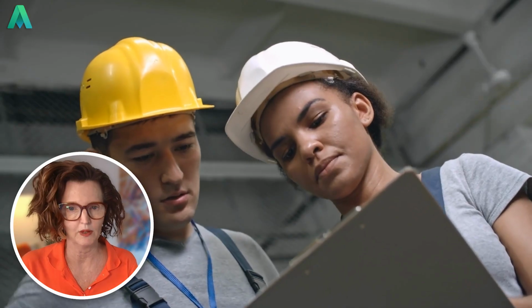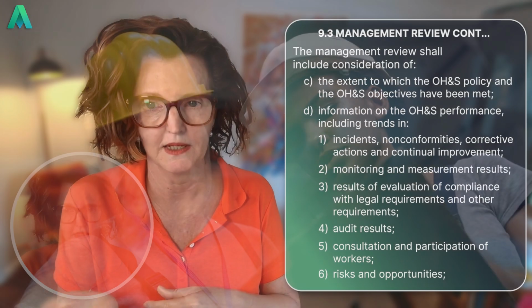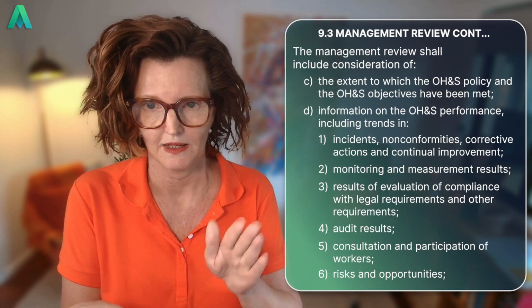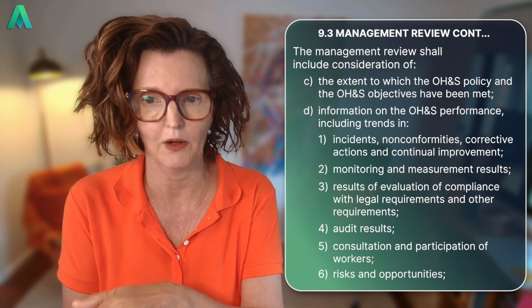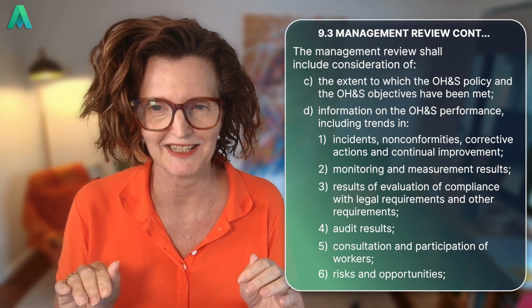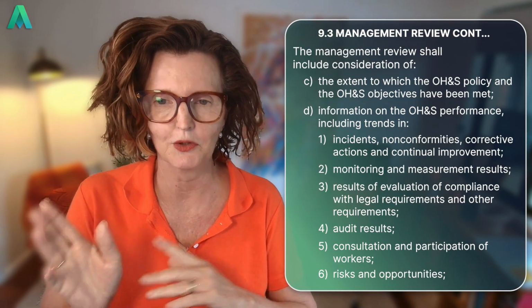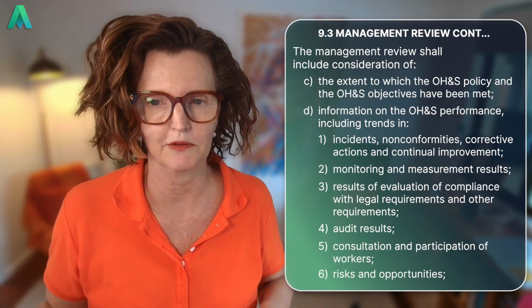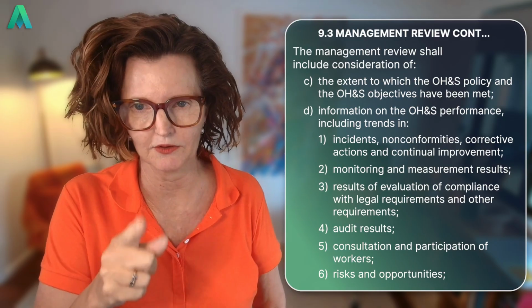Because at this point in management review, you've set some OH&S objectives. Now you've got to see, well, where are we at? Are we meeting those? Okay, you don't need to meet them. There's nowhere that says you have to meet them, but I'll talk about that in clause 6.2, so go and find that video. I'll try to stay on track.